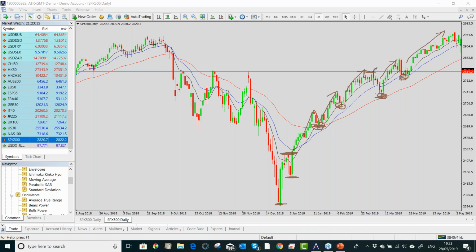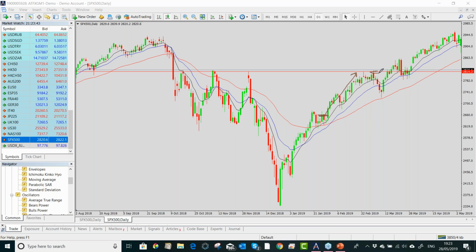Whereas if you're looking to sell as a counter trend trade, you really don't get quite so much opportunity. You certainly don't get such high reward to risk trades. So if we were to buy down here somewhere, we would take all of that profit.